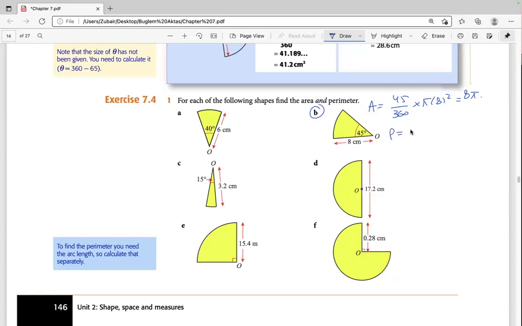And perimeter is angle by 360 times 2 pi r plus 2r. This is perimeter and area for the sector whose radius is 8 and angle is 45.